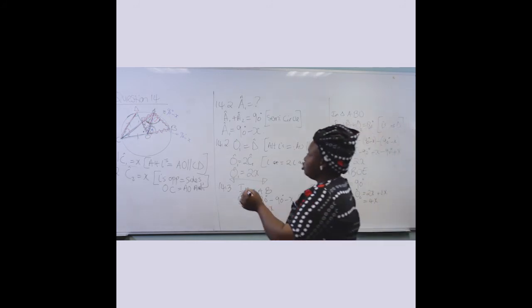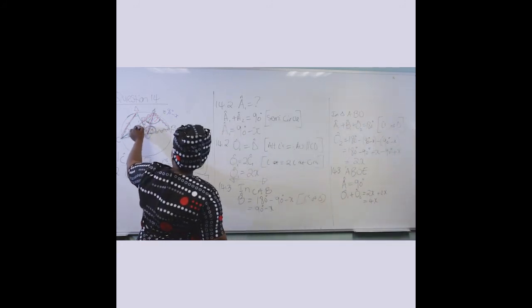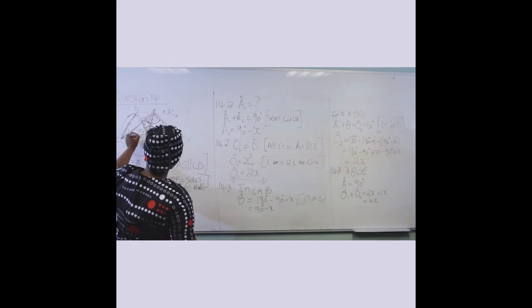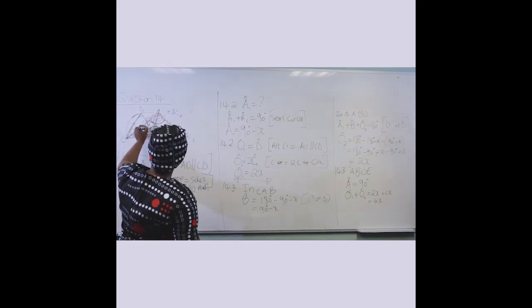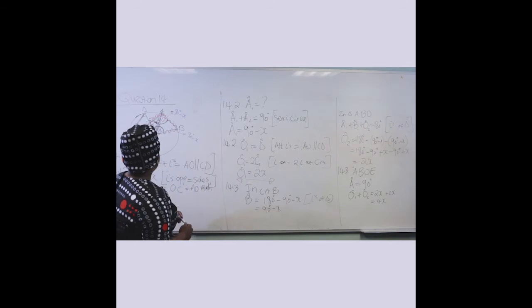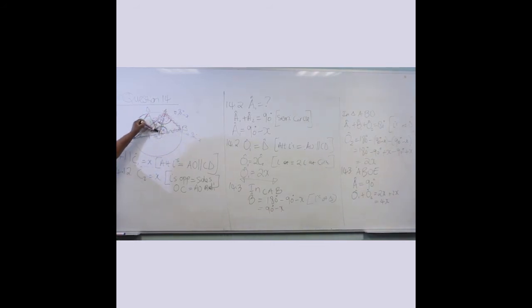In this case, it's not really what we are looking for. If this is 2x, this angle there will be 180 degrees minus 2x. If this angle there plus this angle here gives us 180, then we have a cyclic quadrilateral.